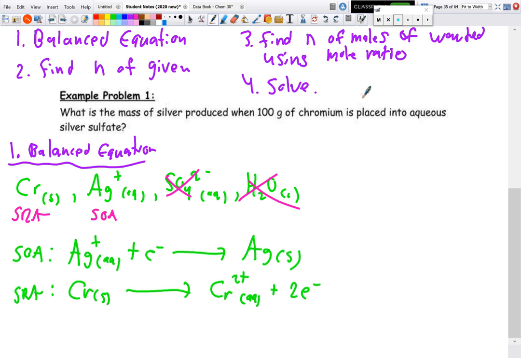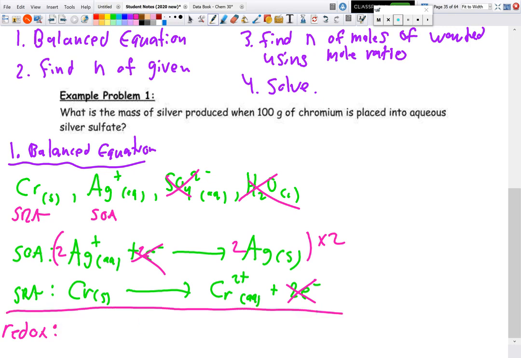And of course, we need to get our redox reaction where we're going to add these two together. In this case, we see 1 electron from our silver reaction and we have 2 in our chromium. So we're going to have to multiply our top equation by 2 to get new coefficients in front. And now when we add them together, the electrons cancel out and we get our redox reaction of Cr solid plus 2 Ag+ aqueous, producing 2 Ag solid plus Cr2+.